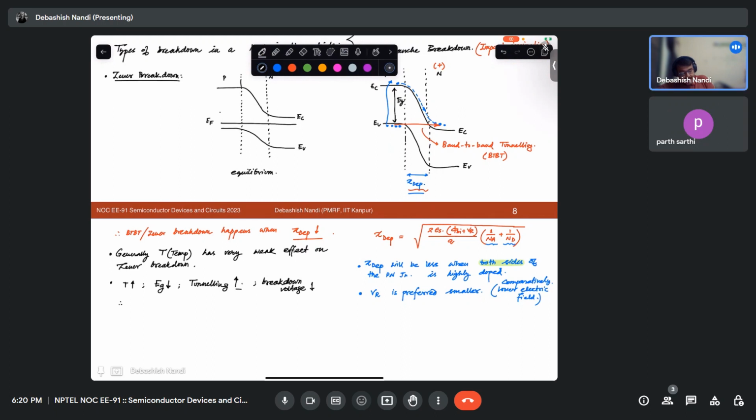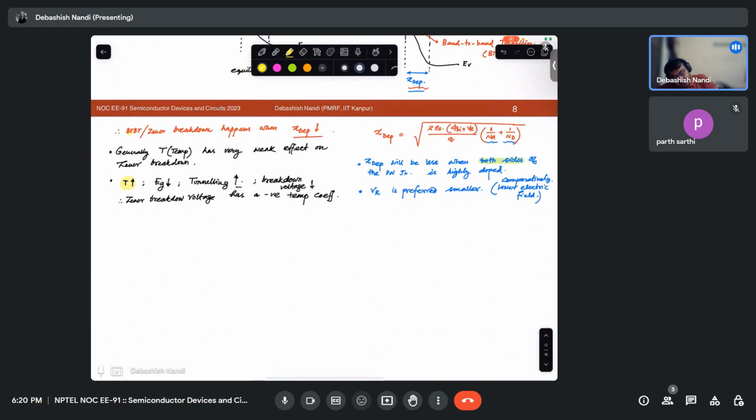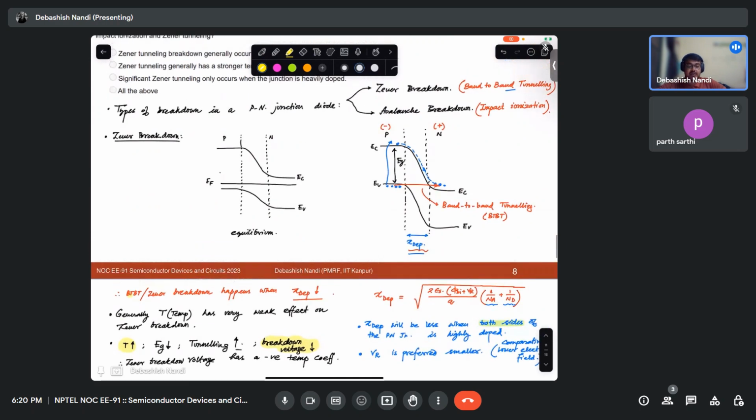So it is said that Zener breakdown voltage has a negative temperature coefficient, or you can say T increasing, breakdown voltage decreasing. That means your temperature coefficient of the breakdown voltage will be negative. Okay, this is how to analyze the Zener breakdown.